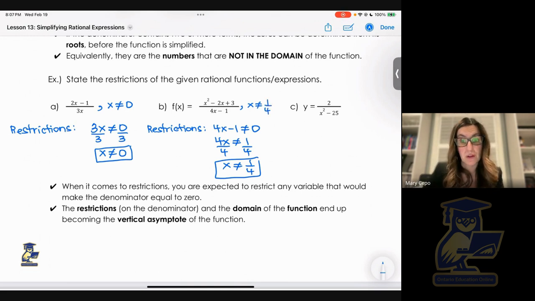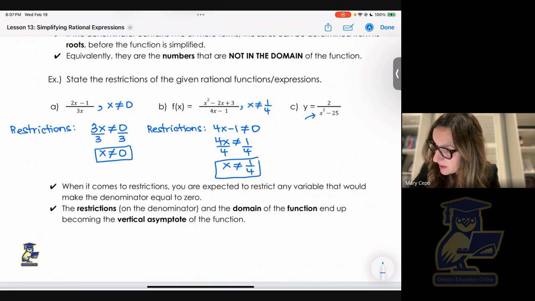So we do have to apply all our factoring skills. And if you look at C, we have y is equal to 2 over x squared minus 25. So what you want to identify is that's a difference of squares. So our factoring skills have to be strong. Okay, so we say y is equal to 2 over x minus 5, x plus 5.